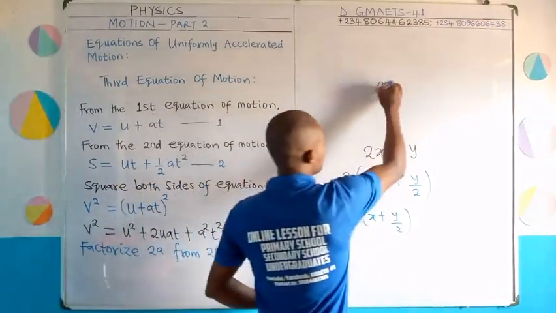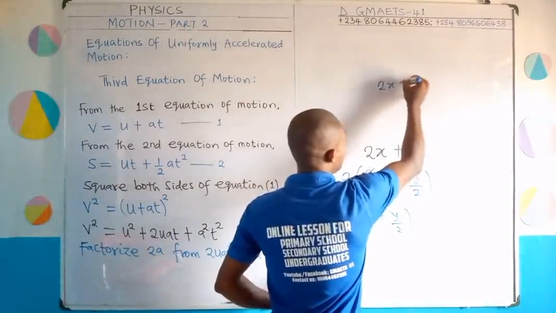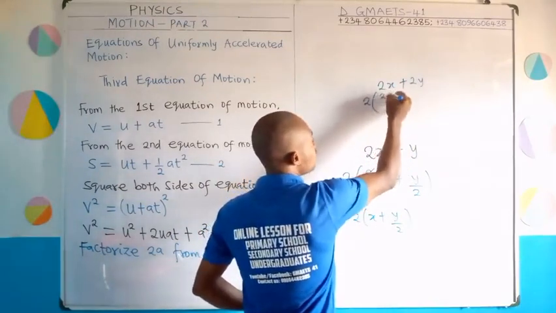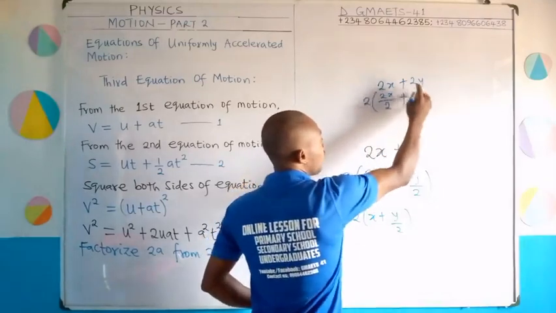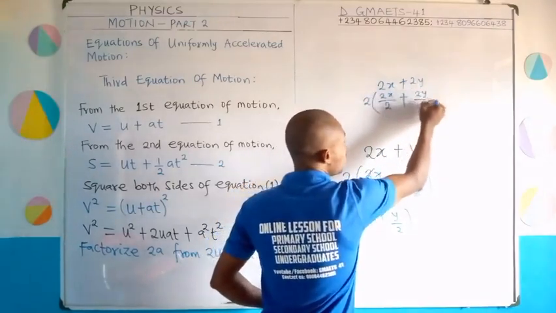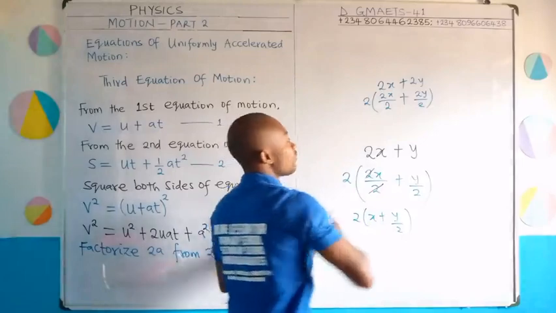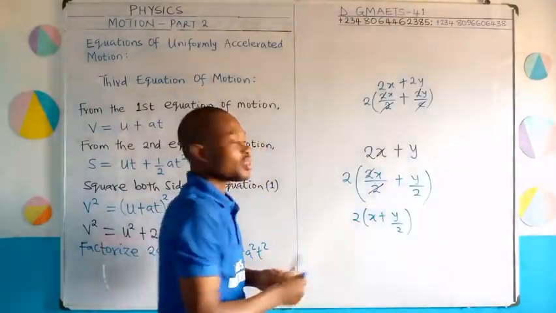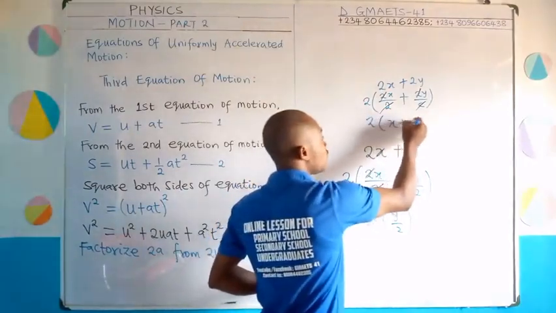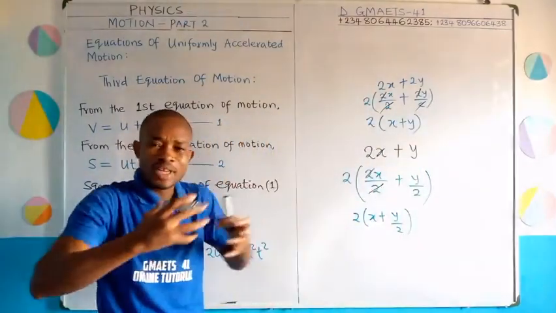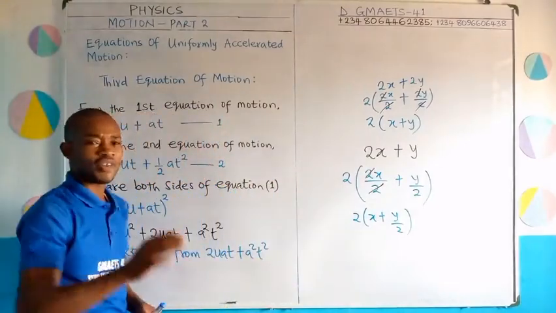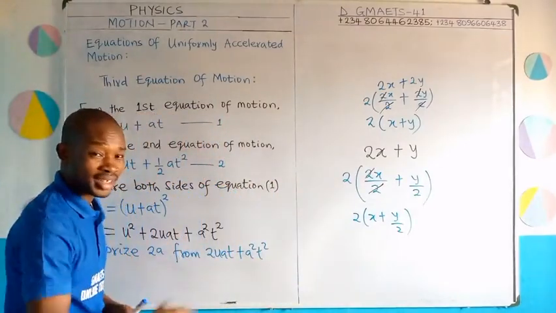Like if I gave you 2x plus say 2y now, and you say that 2 is common, you bring it out. To know what should be inside the bracket, it's going to be 2x divided by the 2 you brought out, plus this 2y divided by the 2 you brought out. So this is the mathematics of factorization. This will go with this, this will go with this. Whatever you are pulling out, use it to divide where you are pulling it out from. With that, you can factorize out anything, whether that thing is there or not.